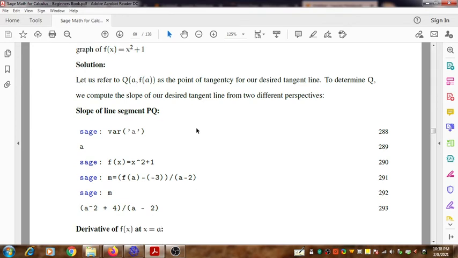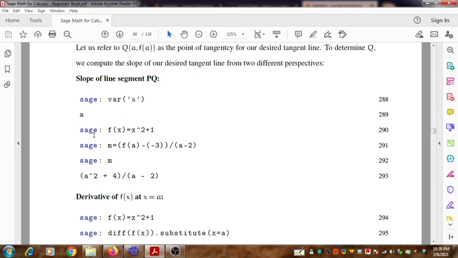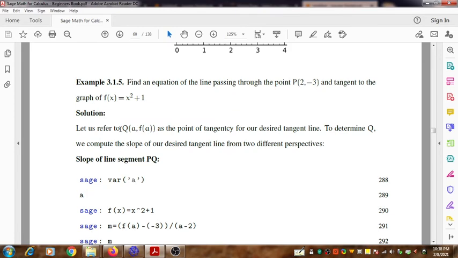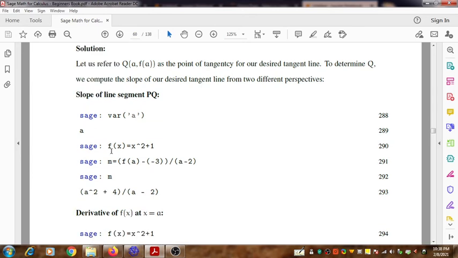So first let's find the slope of the line segment PQ. The slope of the line segment PQ will be determined first. For that we define a new variable a, and then we define the given curve x square plus 1 as f(x). We name it f(x) equal to x square plus 1.